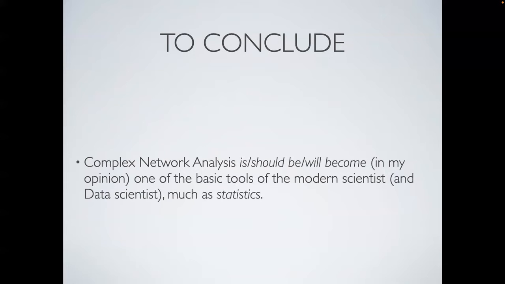You need to know what is an average, a distribution. You have to know how to compute a p-value. You need to have these kinds of notions to interpret your data. And if in your data you have interaction between elements, well, you need to know about network science to interpret how these things are interacting.